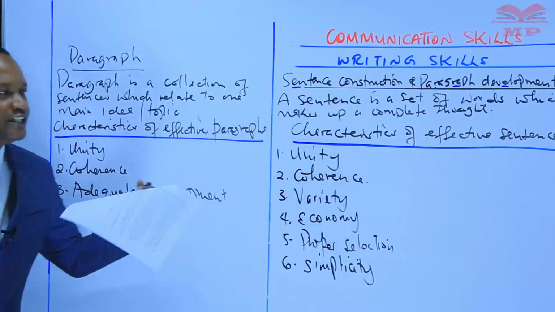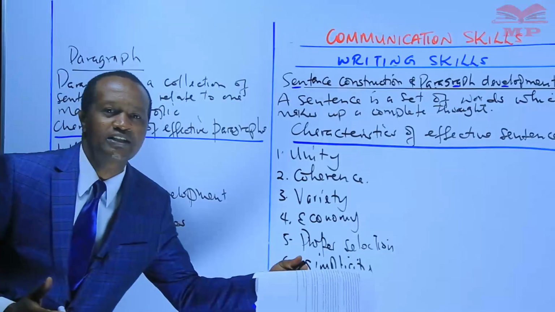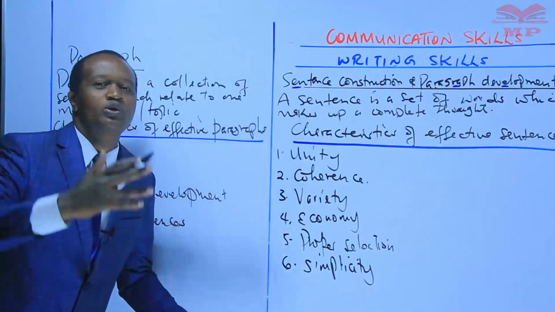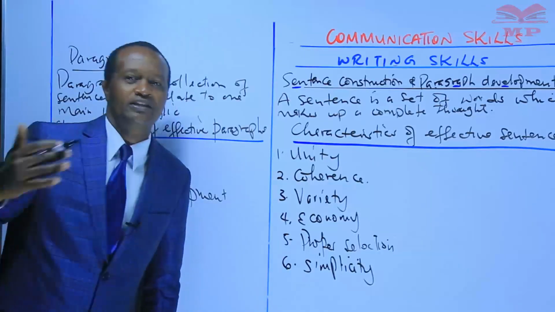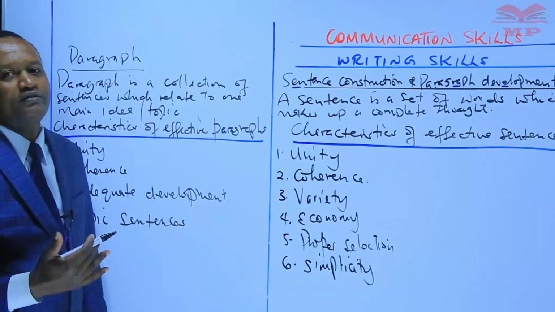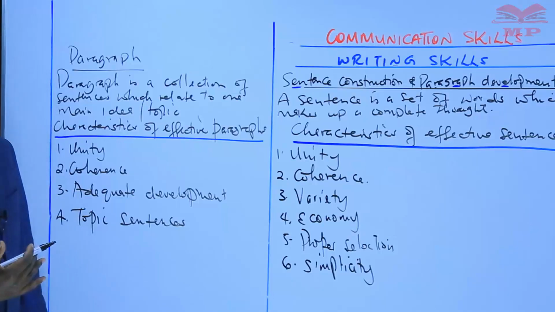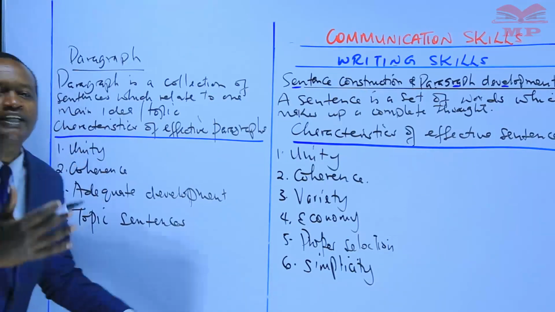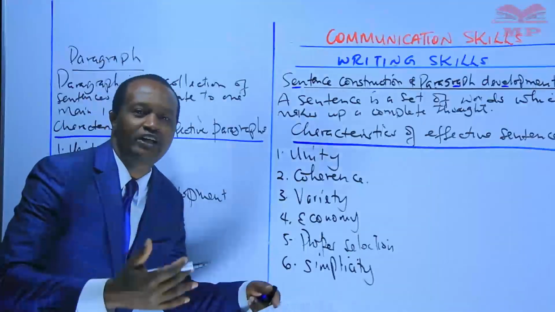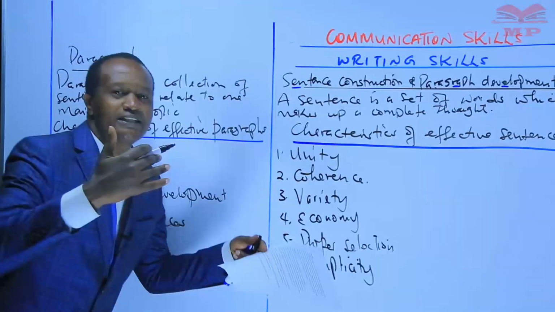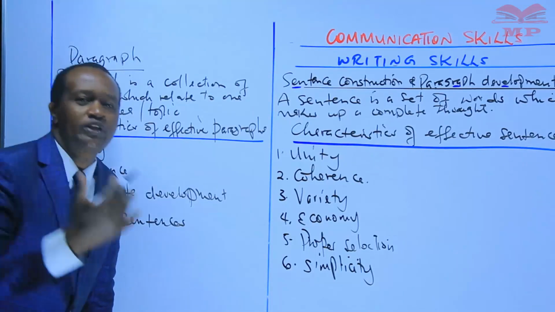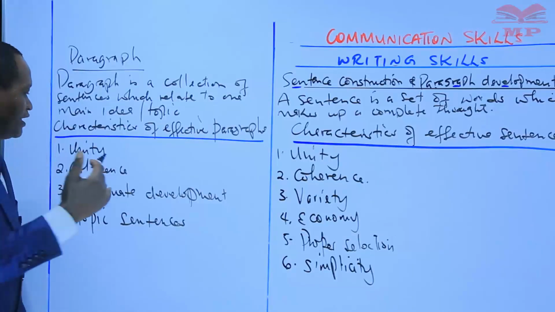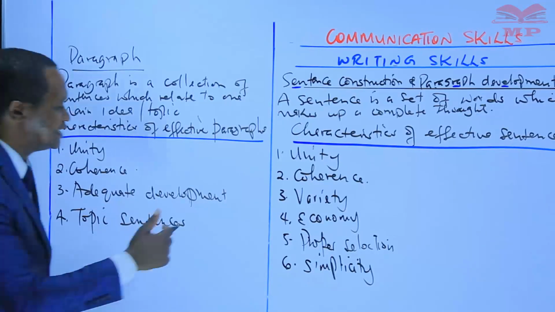After reading a topic sentence, one should be able to anticipate the type of information contained in the rest of the paragraph. And if the remainder of the paragraph does not fulfill the promise of the topic sentence, then the paragraph will lack unity, coherence, and adequate development.